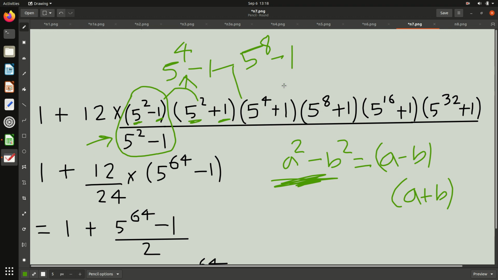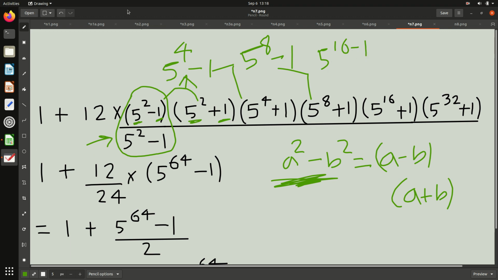Again, multiplying this and this, it will be simplified. Again it will become A minus B, A plus B, and you will get 5 to the power 16 minus 1. So one by one we are simplifying the thing.